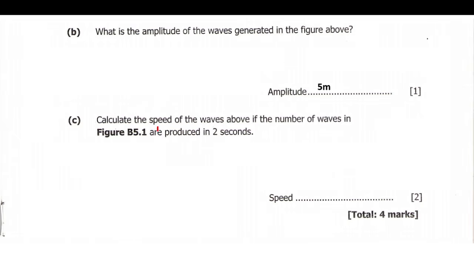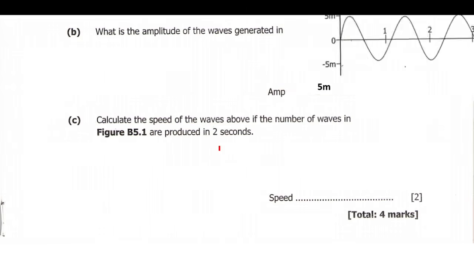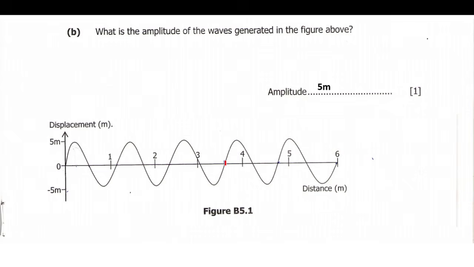So now we want to know the speed, because they're saying calculate the speed of the waves above if the number of waves in figure B5.1 are produced in 2 seconds. So all these are produced in 2 seconds, and the distance they cover is total 6 meters.